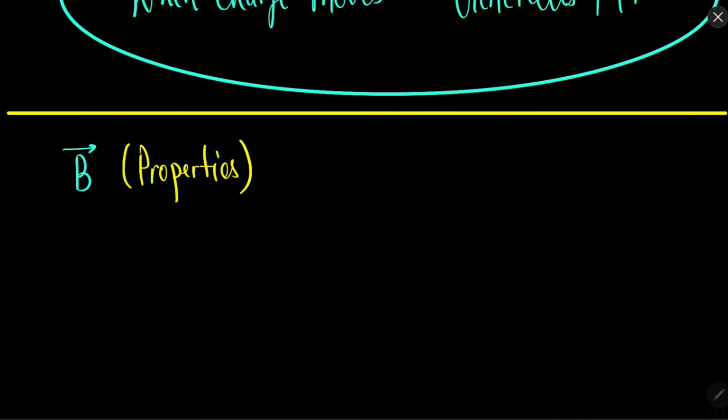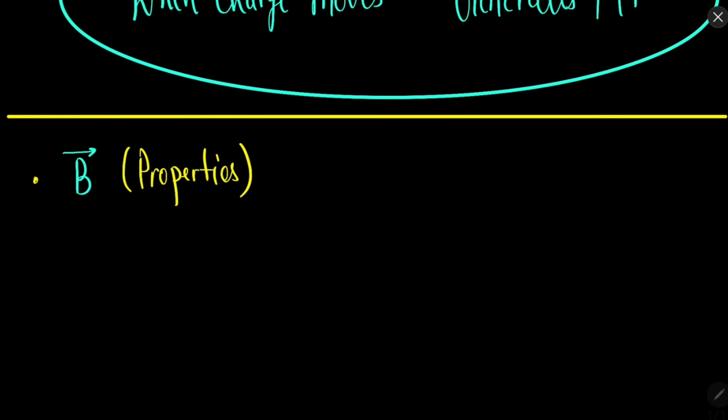So what are the properties of magnetic field? The following properties are there. First is, if there is one line through point P such that if velocity of particle is along this line, there is no magnetic force.